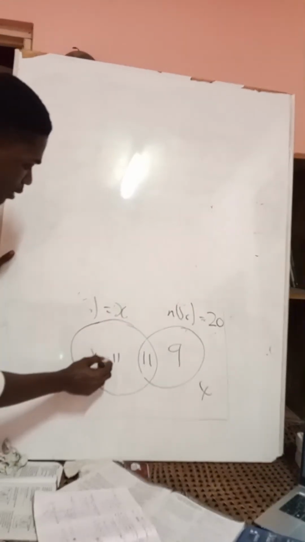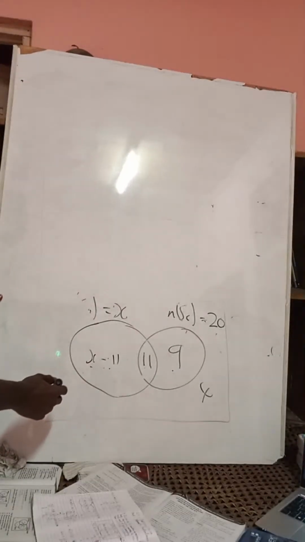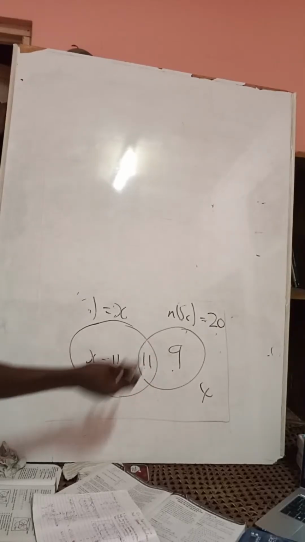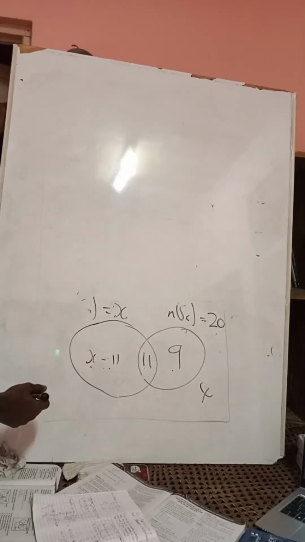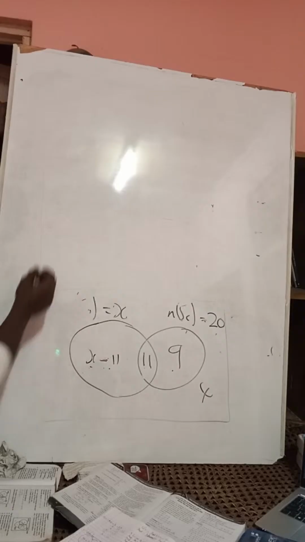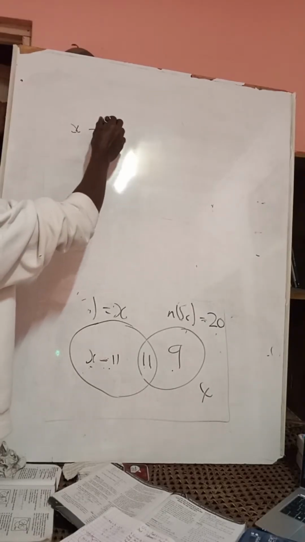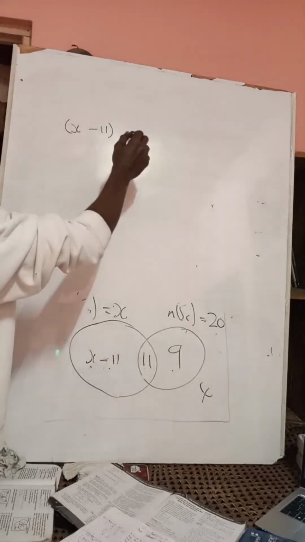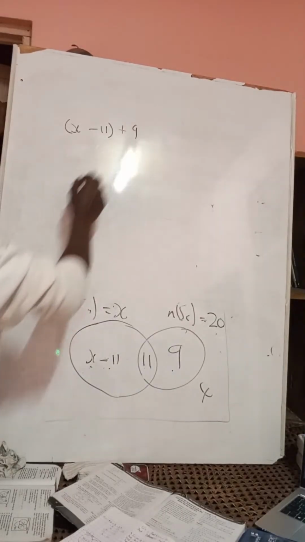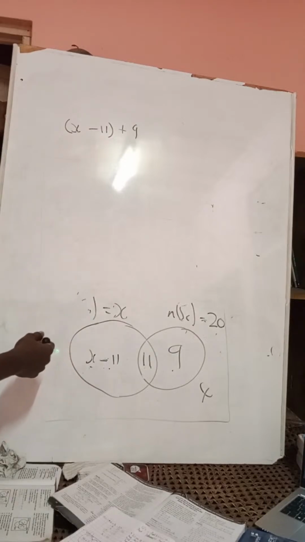Here is x minus 11, right? So it should be here plus here. Only one subject, right? So it should be here plus here out of the total. You understand? Out of the total. So the probability will be x minus 11 plus 9, which equals the number of students who pass one subject.